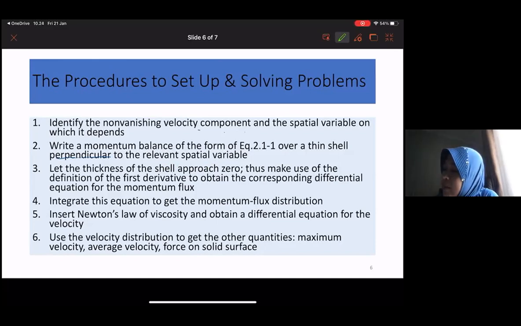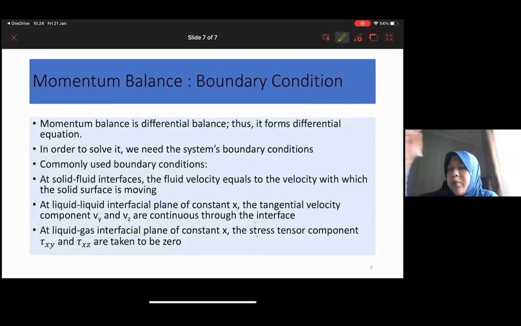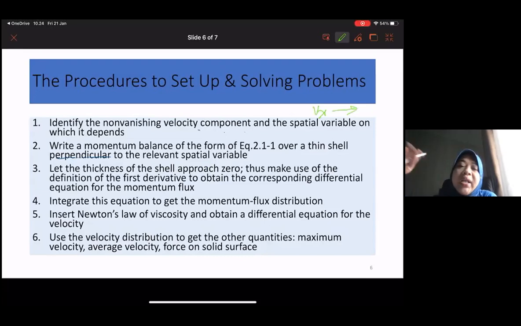If you have velocity only in x, it only goes that way. If you have velocity in x, y, and z, maybe it would be swirling, going round and round. So if you have a velocity in x, then vy equals 0 and vz equals 0.